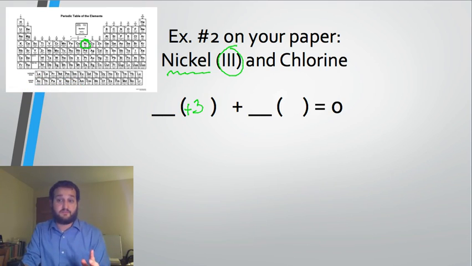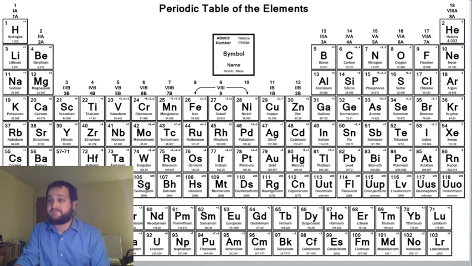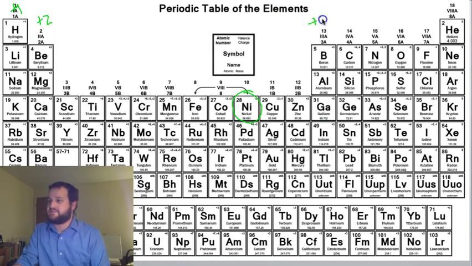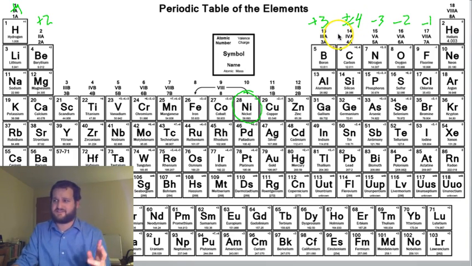Or to look a little bit closer, if we look at this guy, nickel's way over here. Now, as I said, group 1 has an oxidation state of +1, and group 2 +2, right? And then +3, and then -1, -2, -3, plus or -4, right? Because group 14's just like doing its own thing. And then here we have like 0, because the noble gases are all snooty and they don't want to deal with anybody, but whatever.